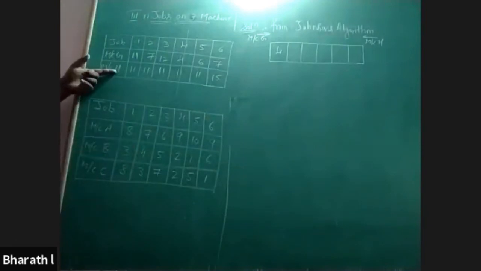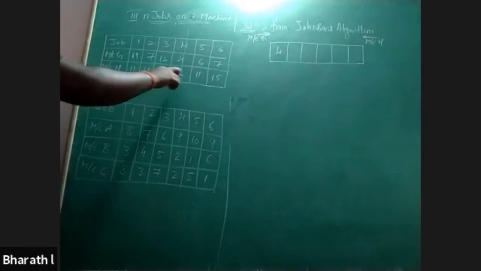Then next you need to look at machine H. In machine H, the least processing time is 11. Here also you have 11 for job 1, job 2, job 3, and job 5. In this case, we call it a tie.